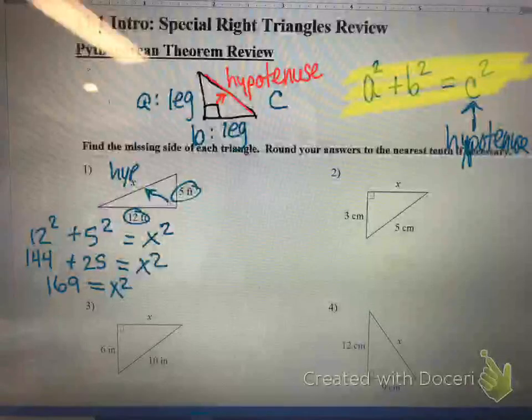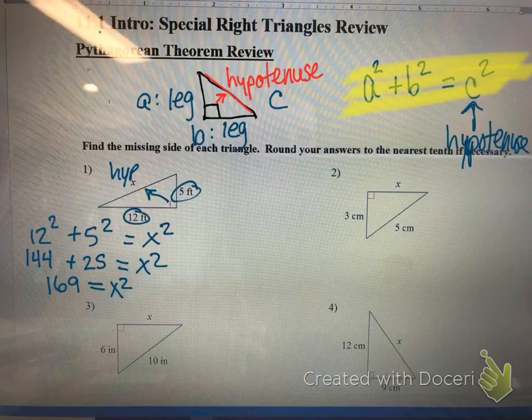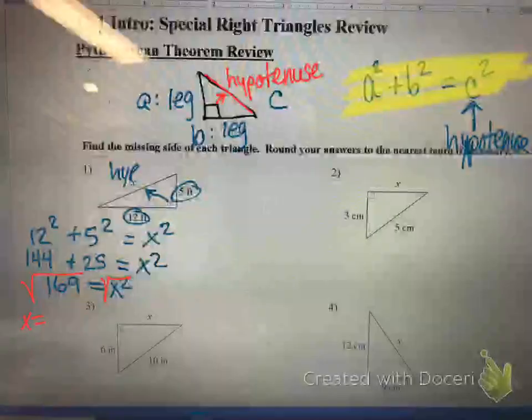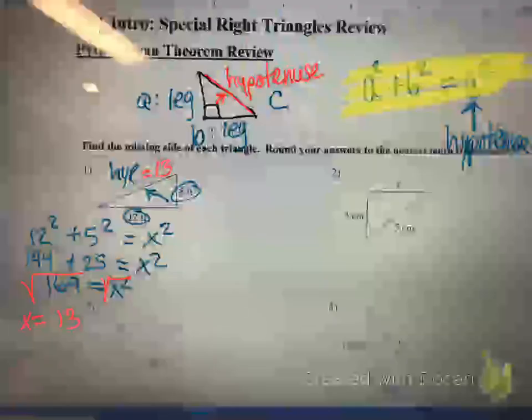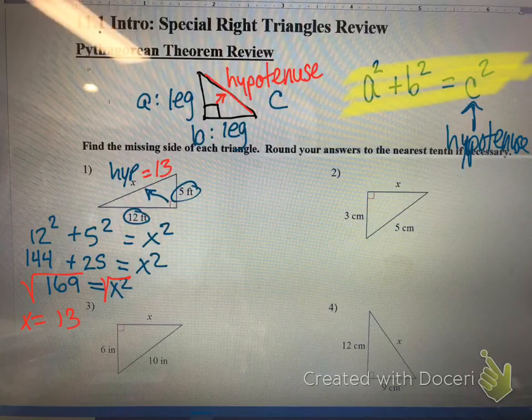To get rid of the squared, we do the opposite, which is square rooting both sides. The square root of 169 is 13. Because we're working with side lengths, we cannot have a negative number, so x is just 13.